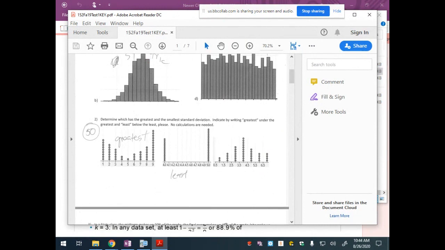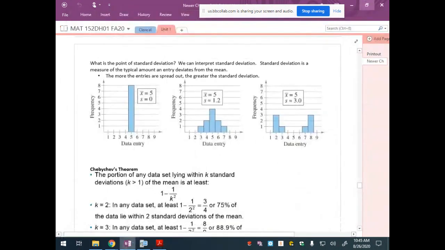There are three options here. But I don't give you any calculations. Obviously, this has the least because not as much spread. This is going to be the greatest because it'll have the most spread. There'll be one of those questions on your test. So, any questions about that?